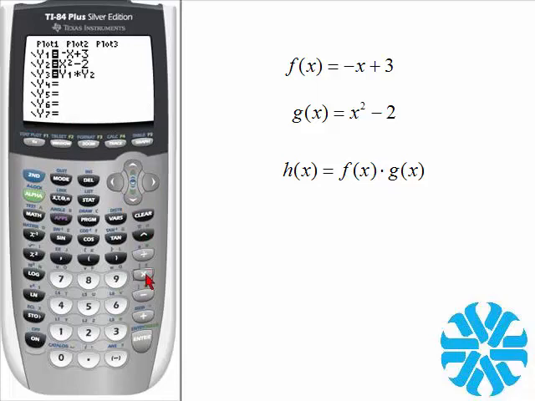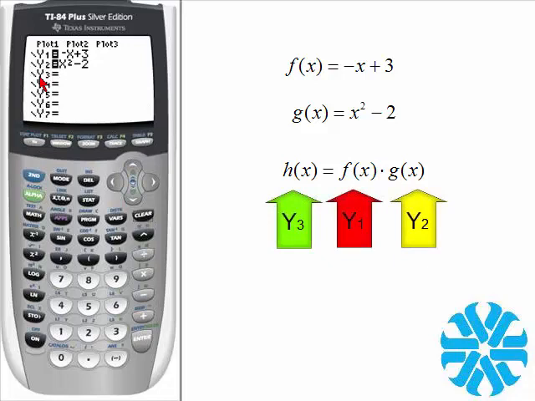But what I'd like to do is repeat how you use the vars key. So let me go ahead and just clear this line. So we've already inputted the f of x and the g of x. That's the same as it was in example 1. Now remember, for example number 2, y3 is the product of y1 and y2.